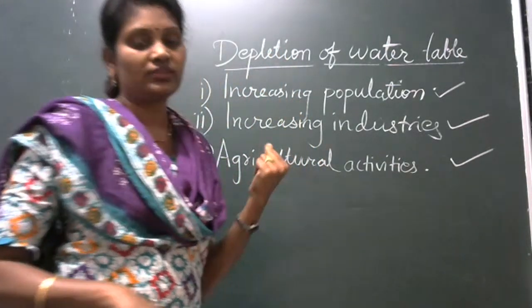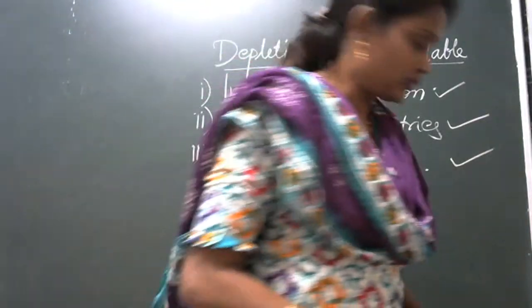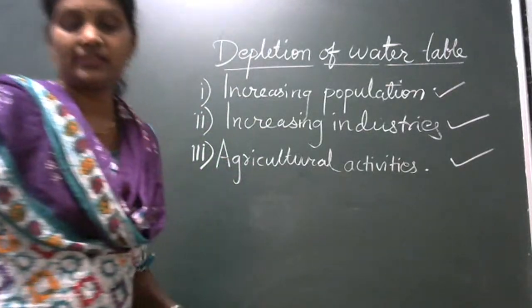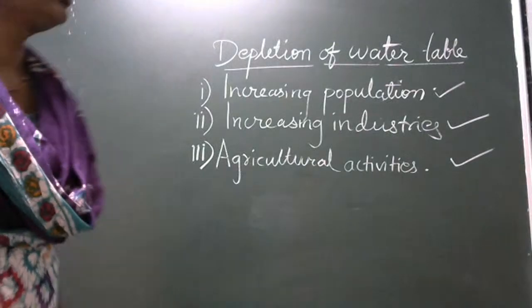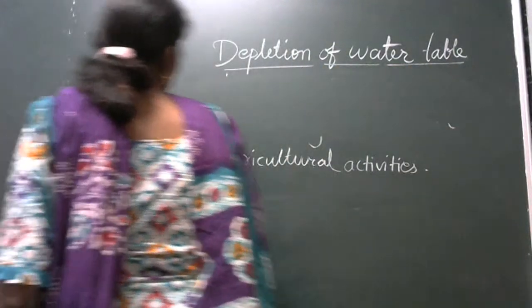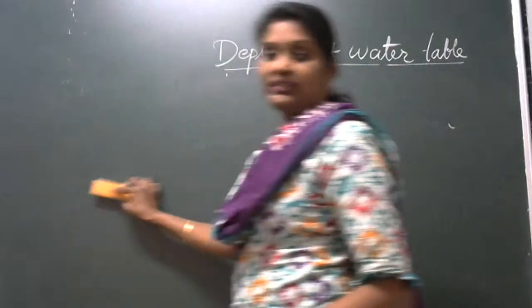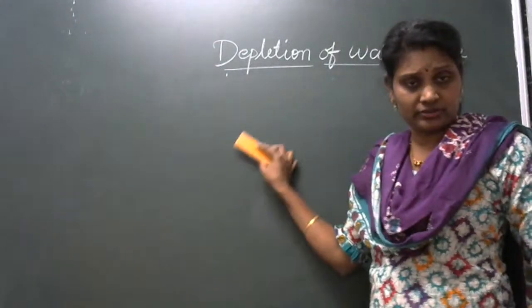Okay, so now the next one, distribution of water. We will see distribution of water. So distribution of water on the earth. Students, can you tell me what kind of distribution can you see on the earth?